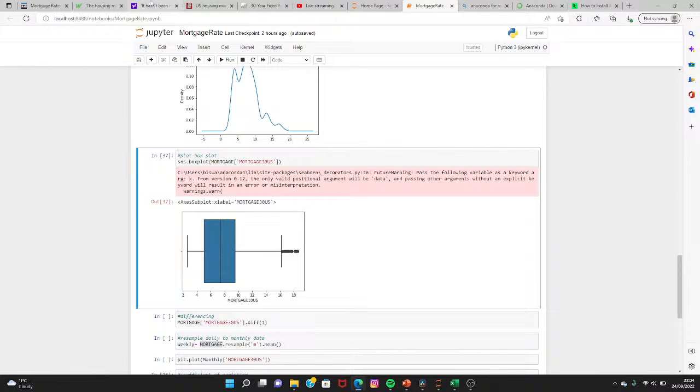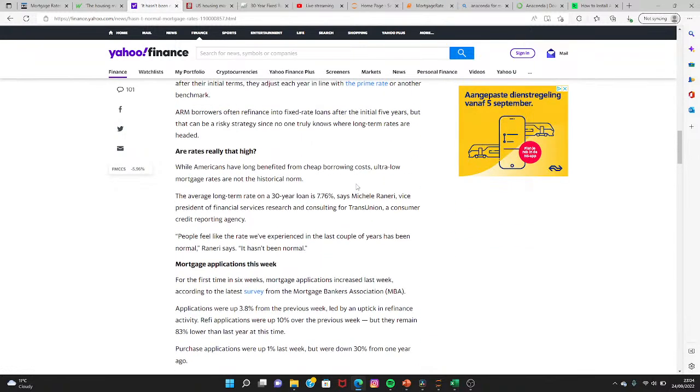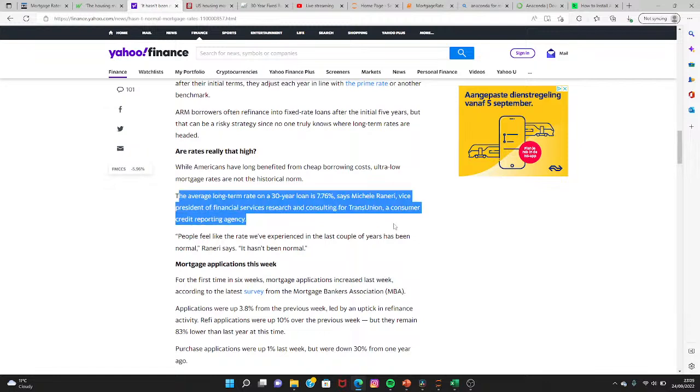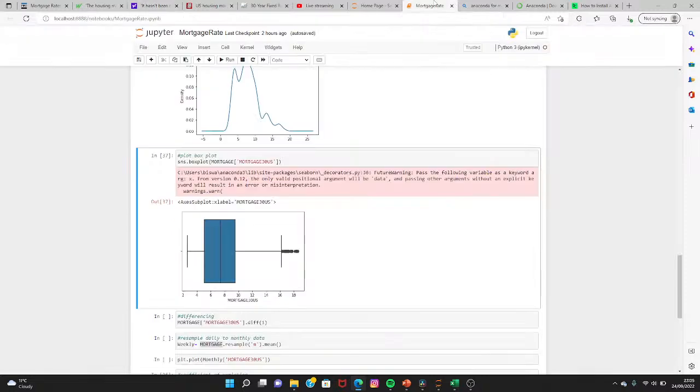So in this article, I think they have quoted an economist, a vice president of TransUnion, who has given the remark that it's 7.76%. The average is supported by the data, right?